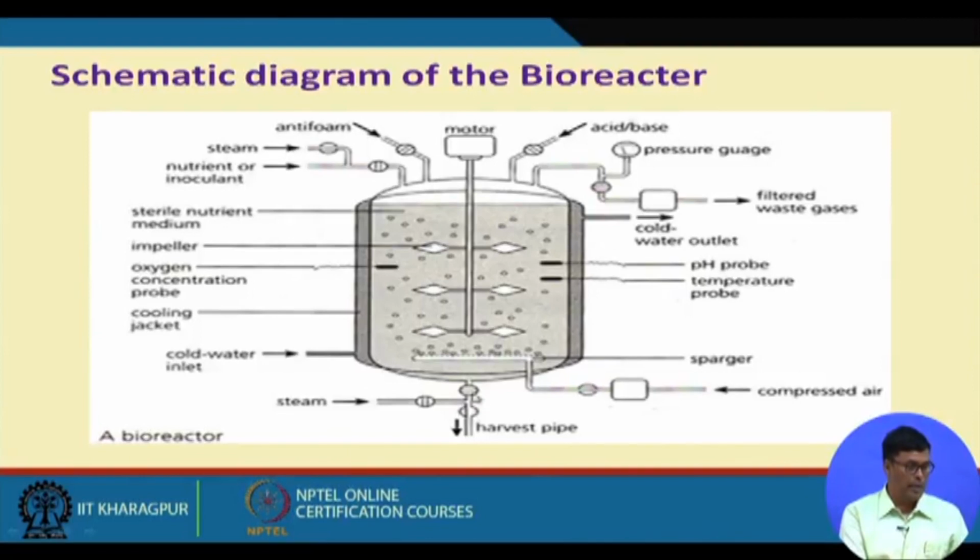This is usually the gate valve. There should be very little resistance here. This will take the material from the fermentation plant to the recovery plant. Recovery plant means where the purification of the product takes place.